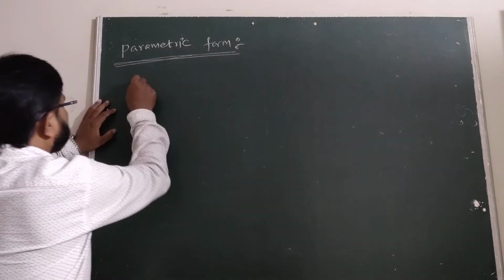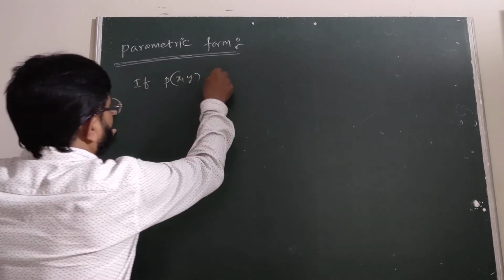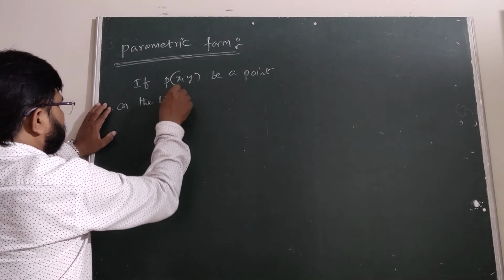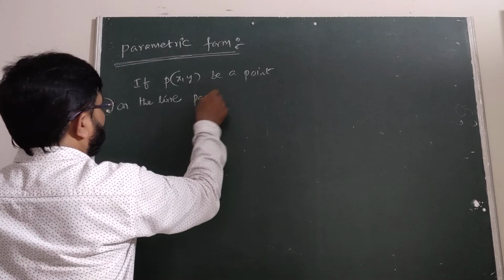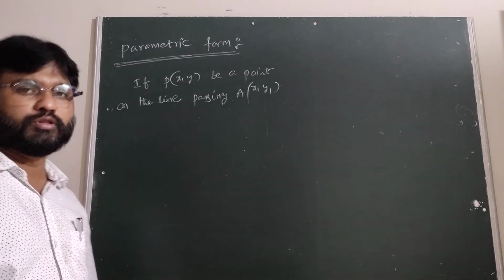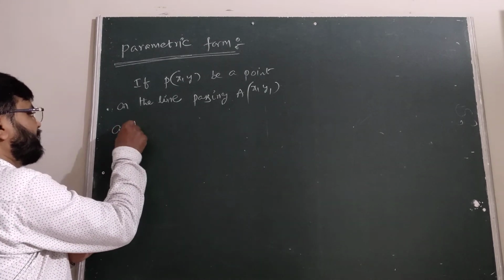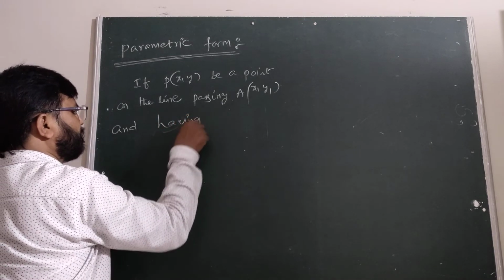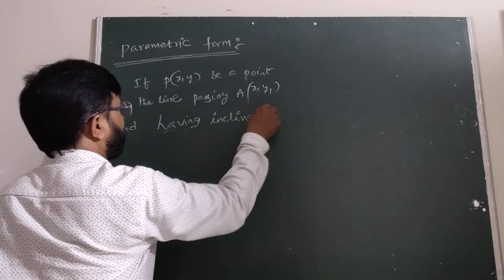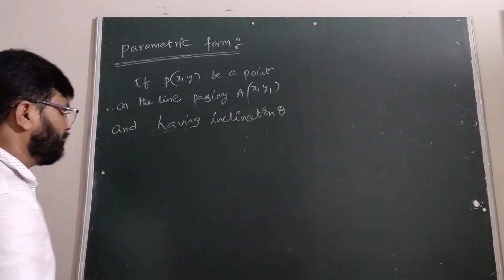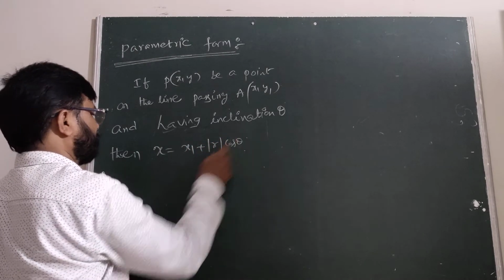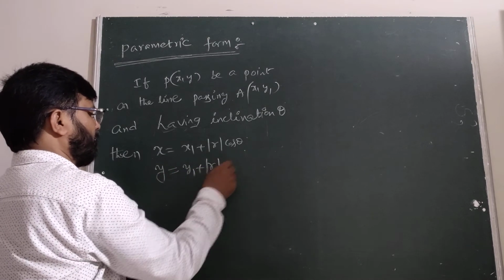If P(x, y) is a point on the line passing through (x1, y1) and having inclination theta, then x equals x1 plus mod r cos theta and y equals y1 plus mod r sin theta.